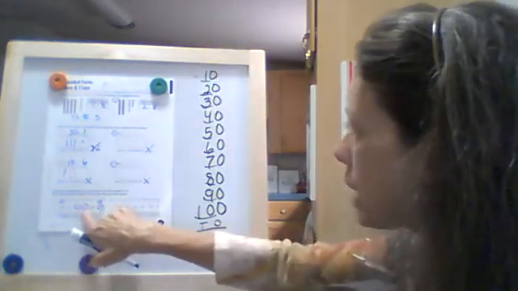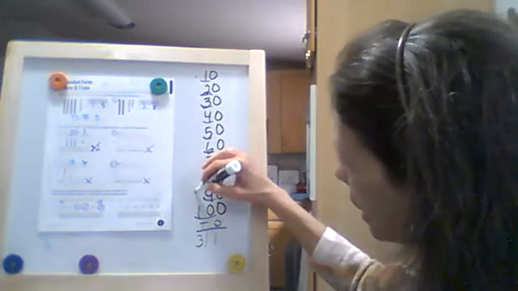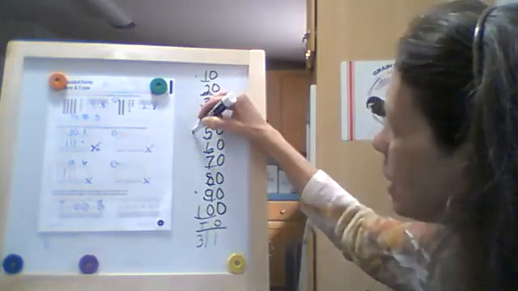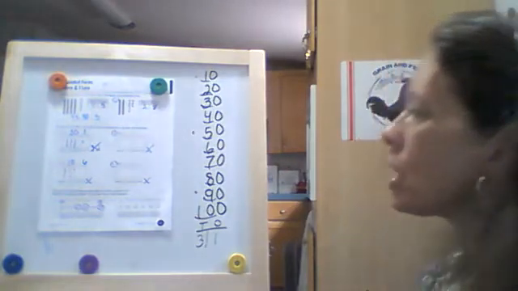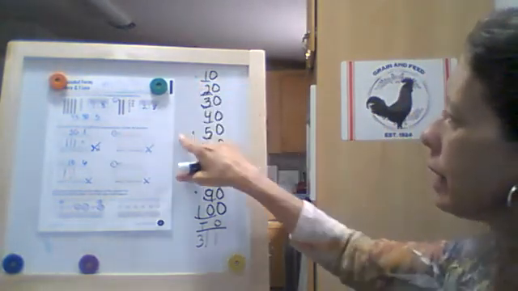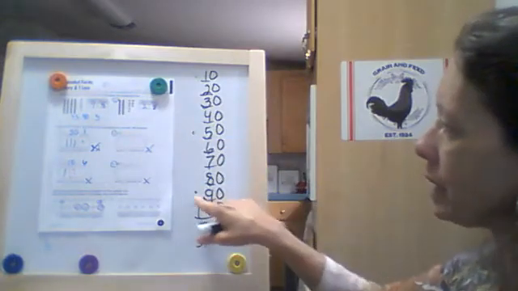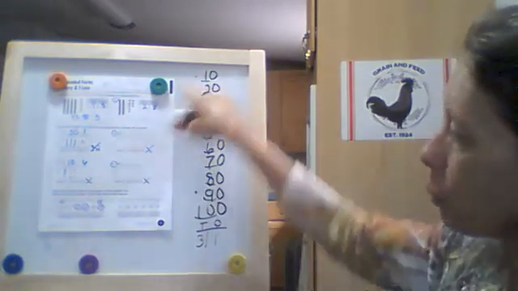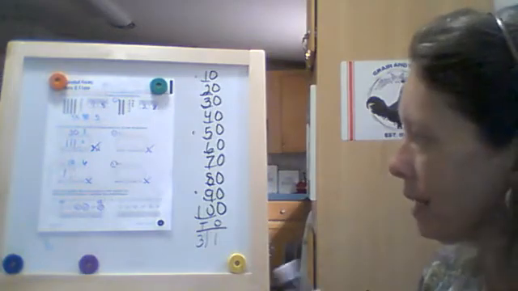And this one is 99. Ends in a 9. This one ends in a 5. So of those numbers, which one comes first? 91, 95, or 99? 91 would come first, so I'll write 91 right here.